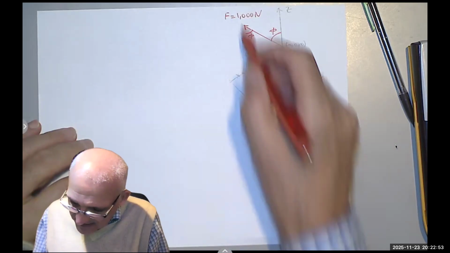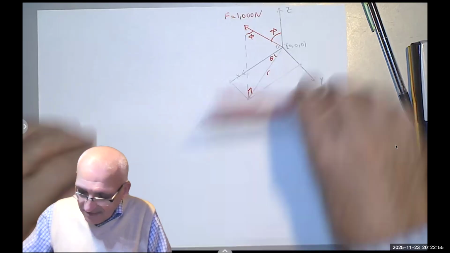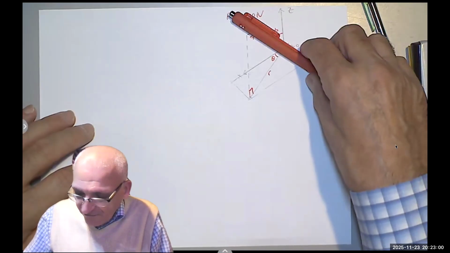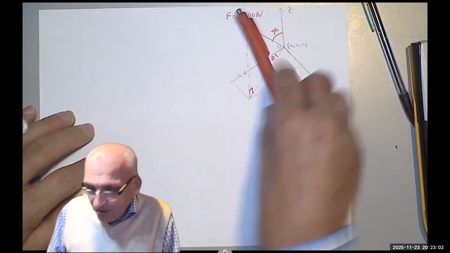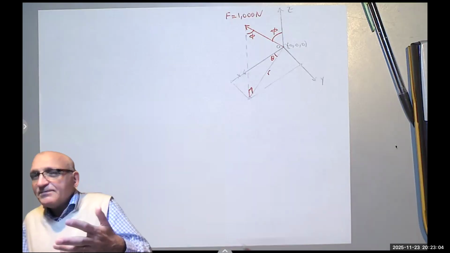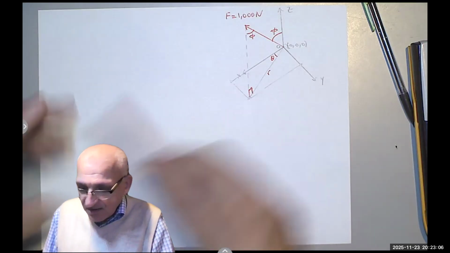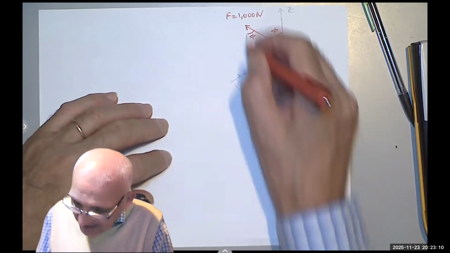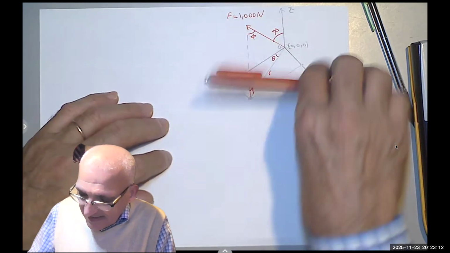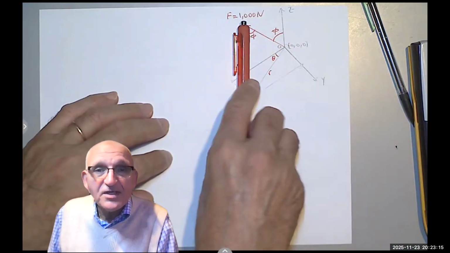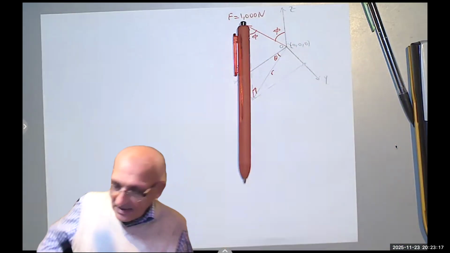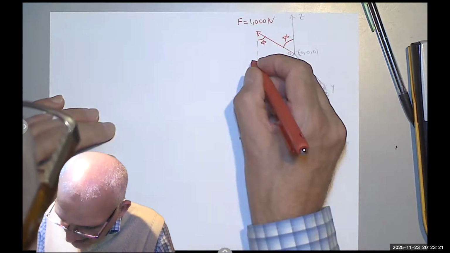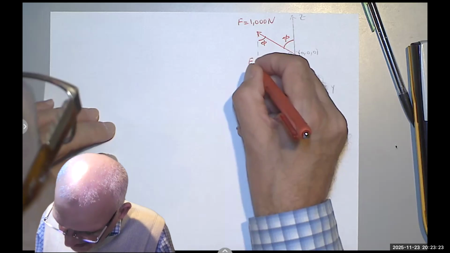So in this triangle, if I multiply the force by cosine of phi, remember we said when you multiply by cosine, you are projecting onto a line. If the angle between the vertical and the incline is phi, then F cosine phi would give me the adjacent to the phi, which is F sub z.